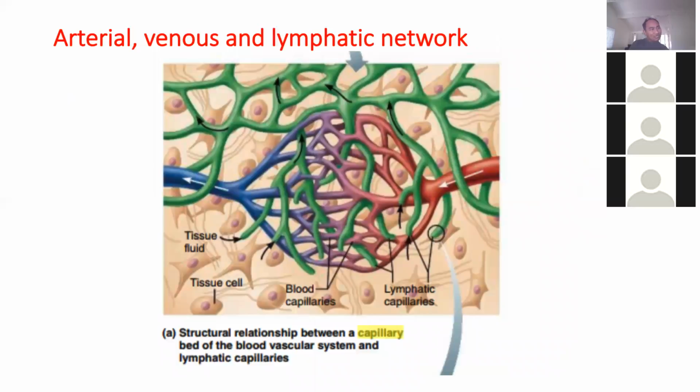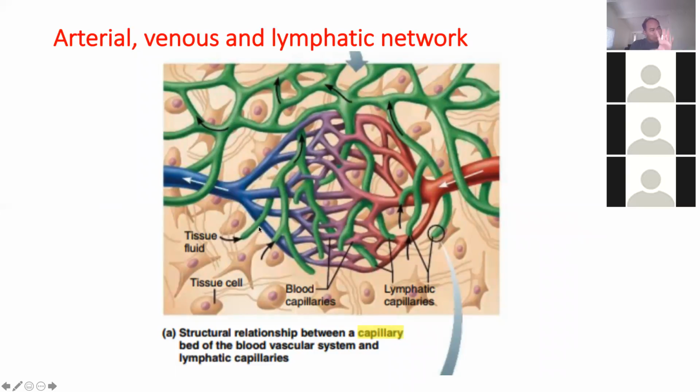Right, let's look at the capillary level. So this is the arterial end of the capillaries. Gradually they change into venous capillaries, and finally they become small little veins called venules.